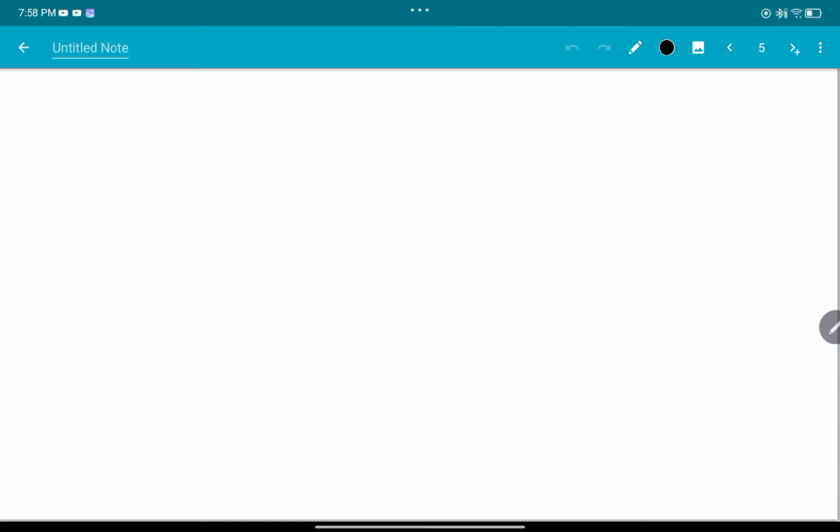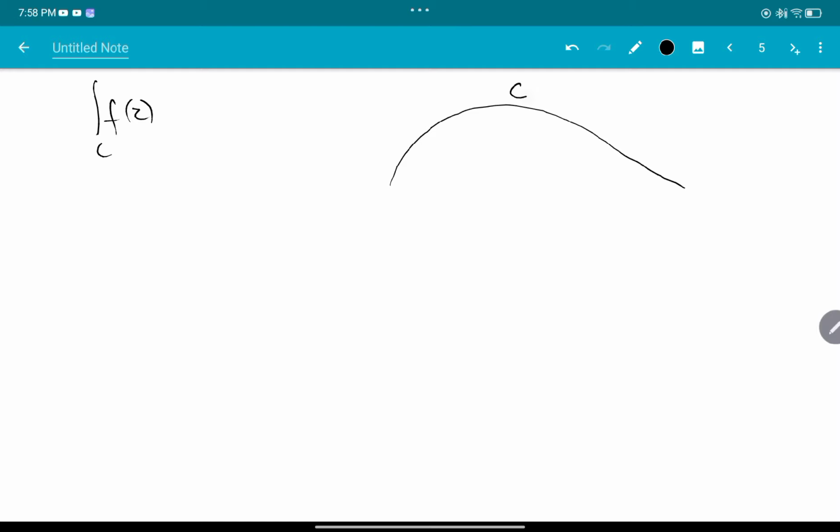Here is a brief digression. Suppose we have a path like this, along which a function f(z) is defined at every point. I have to calculate the line integral along this path C. C is not necessarily closed.